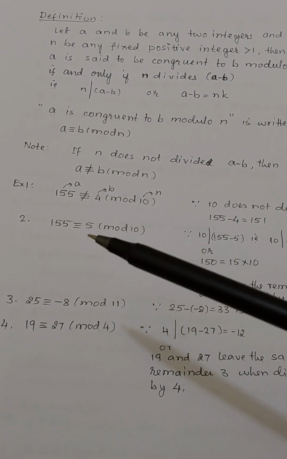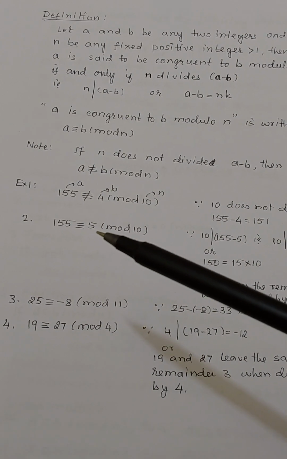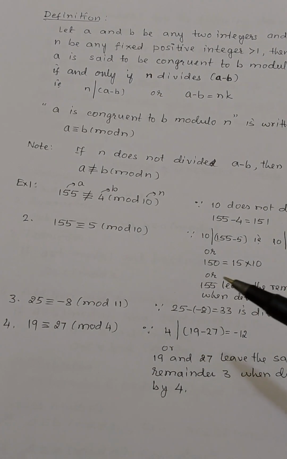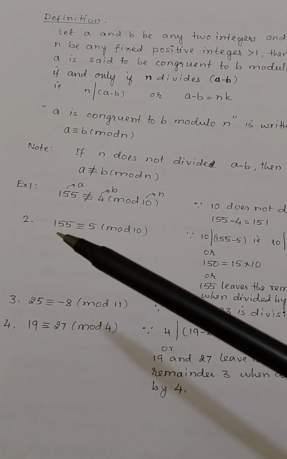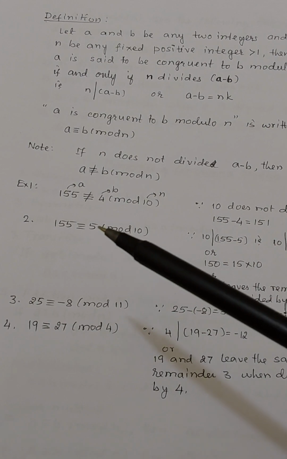But if I change 4 to 5 here, then 155 minus 5 is 150, which is divisible by 10, or 150 is a multiple of 10. I can also interpret this in another way. When 155 is divided by 10, it leaves the remainder 5.